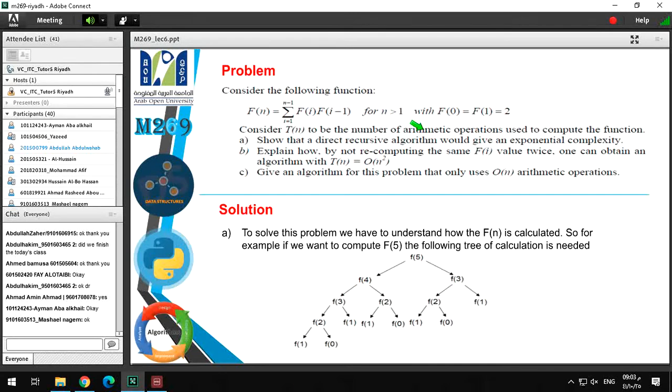So as you can see here, we have the function f(n) equal to the summation of f(i) multiplied by f(i-1) for all values of n greater than 1, where f(0) equals f(1) and both of them equal 2. So the process will stop.